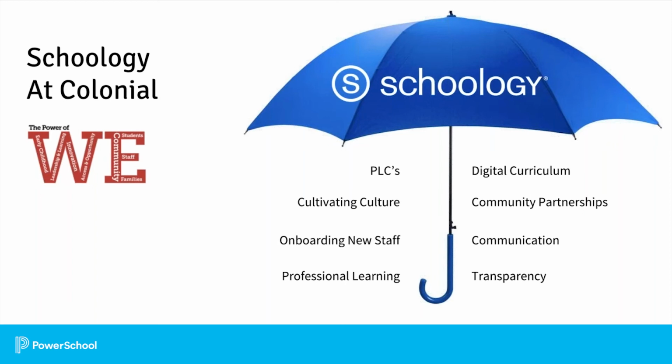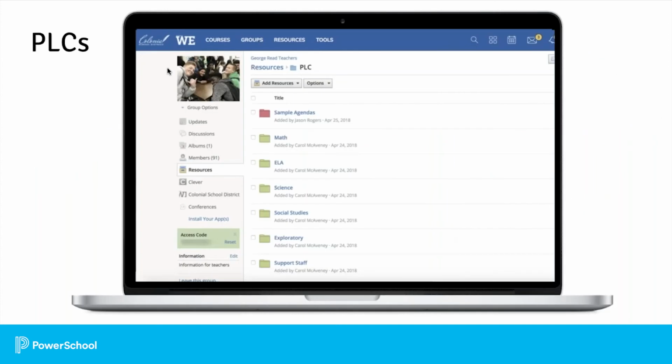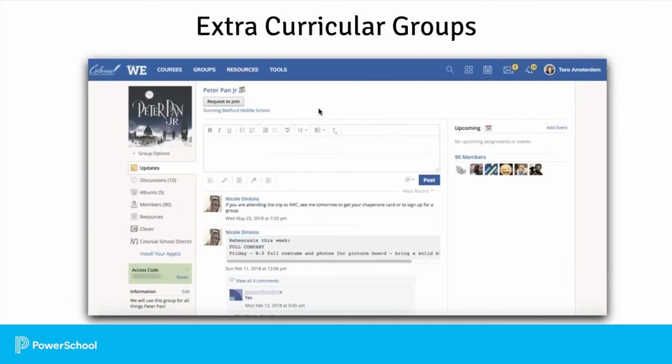And the collaboration and the transparency that is a result of that has changed so much of how we do everything in Colonial. Our PLCs have a location to get organized, to collaborate and share resources. That's super easy. We've also been able to have our clubs and extracurricular activities, our sports teams.